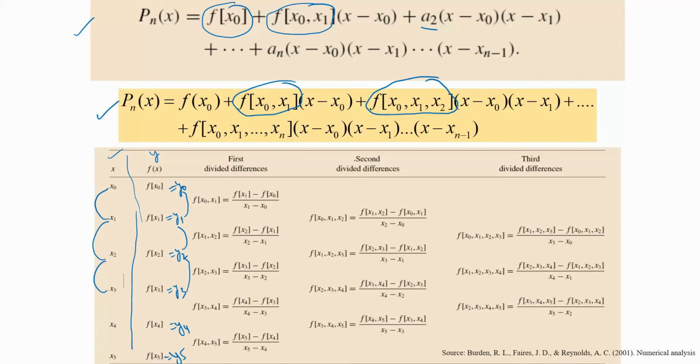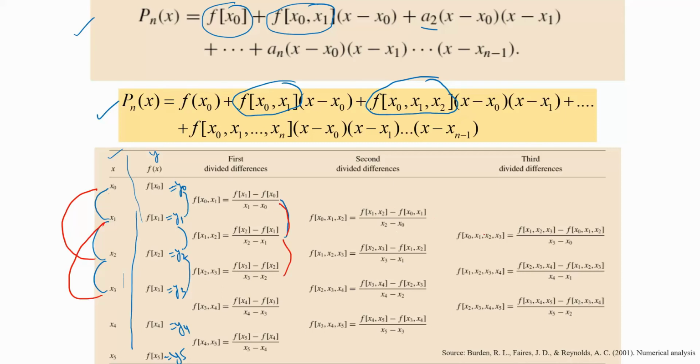For the second divided difference, you subtract this minus this and then divide by, now we leave one point, so this will be this minus this divided by this minus this, and so on.